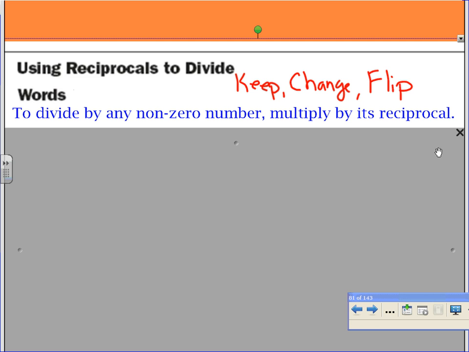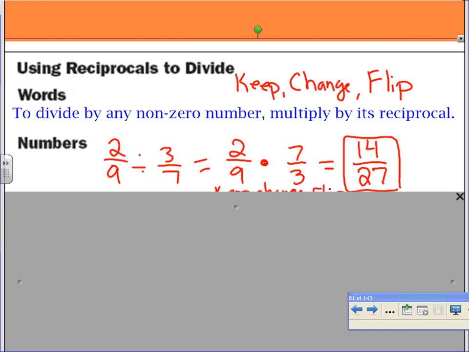I want you to write at the top, this is when we use keep, change, flip. Here's a very basic example. If we have 2 9ths divided by 3 7ths, you keep the first fraction, change division to multiplication, flip the second fraction. Keep, change, flip.